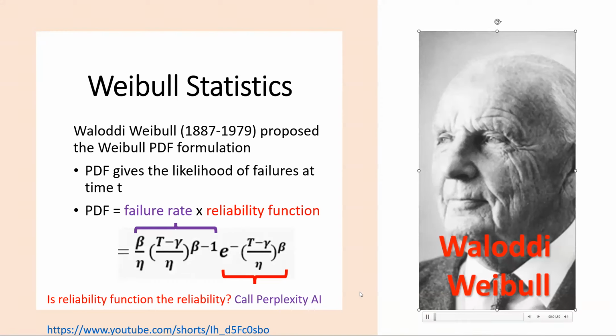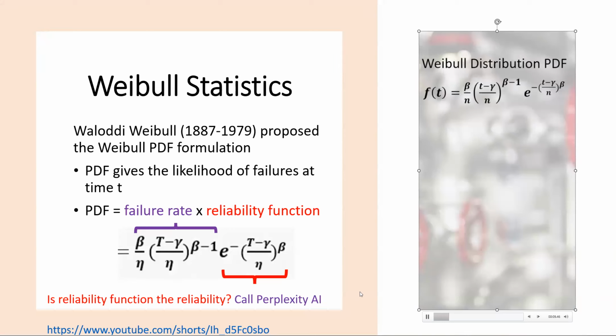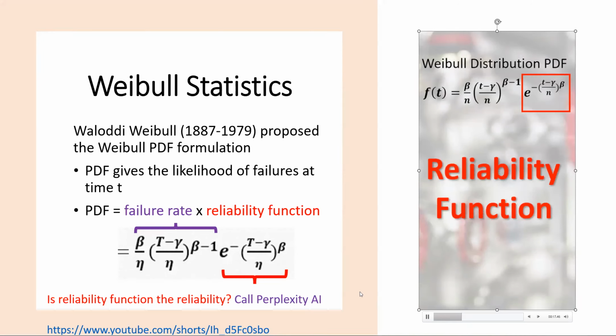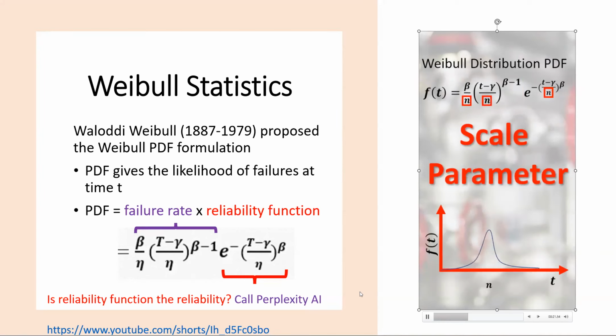Named after Swedish mathematician Waloddi Weibull, the Weibull distribution is heavily used in reliability engineering due to its versatility. The three-parameter form looks like this, where the left part of the formula describes the hazard rate or instantaneous failure rate, and the right part of the formula is the same as the reliability function. Eta is the scale parameter of characteristic life and changes the value that the distribution falls around.